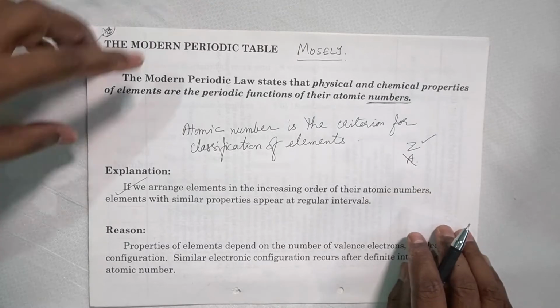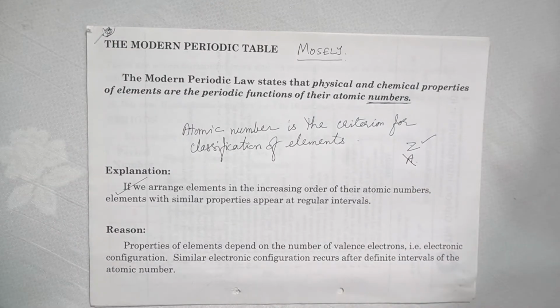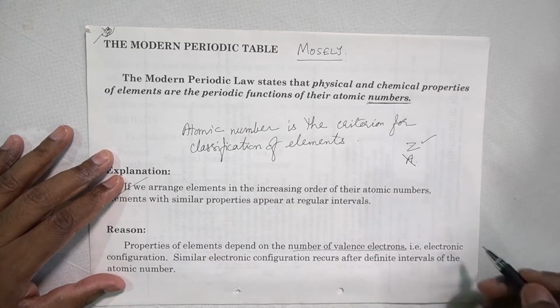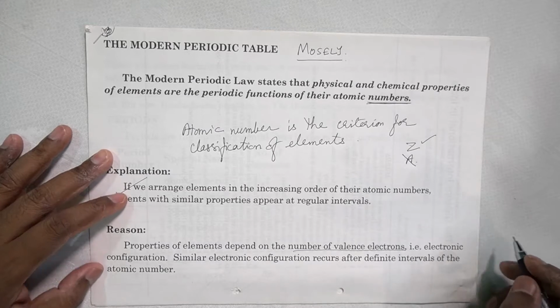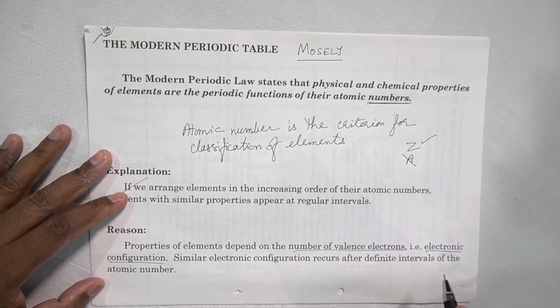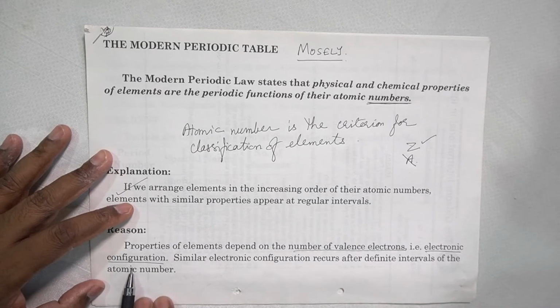Now the properties of elements, as we know, depend upon the number of valence electrons present in the valence shell. That is, in other words, it is the electronic configuration. We get valence electrons only from electronic configuration, and the electronic configuration is based on the atomic number.